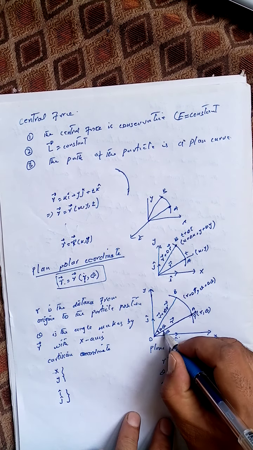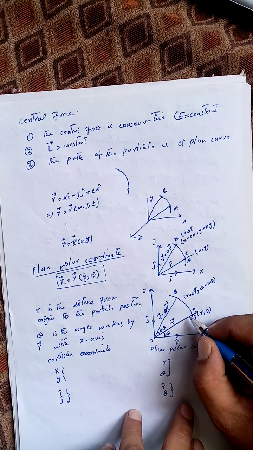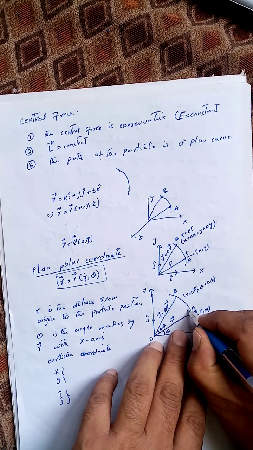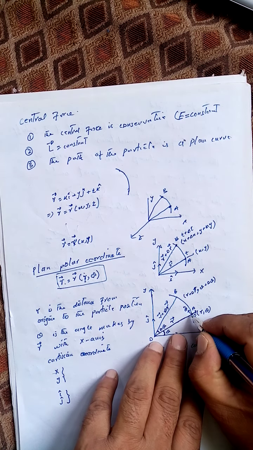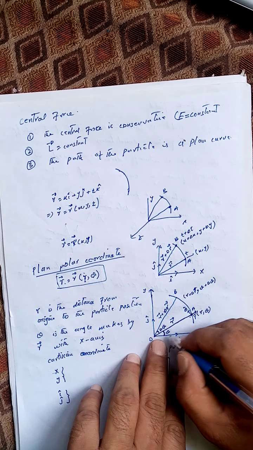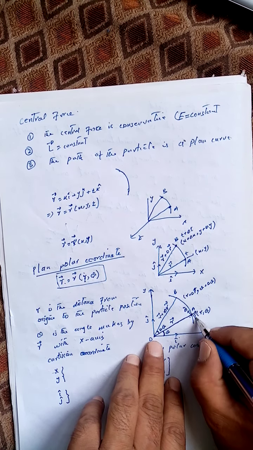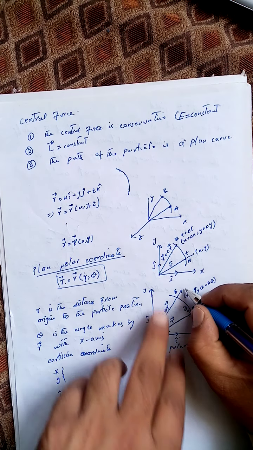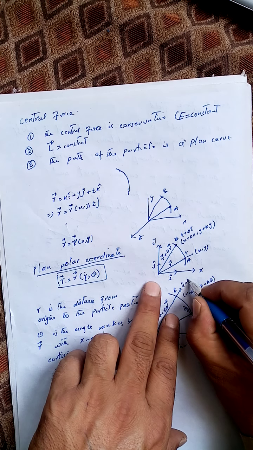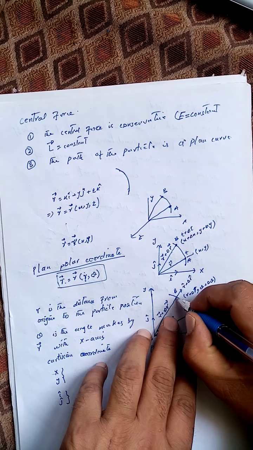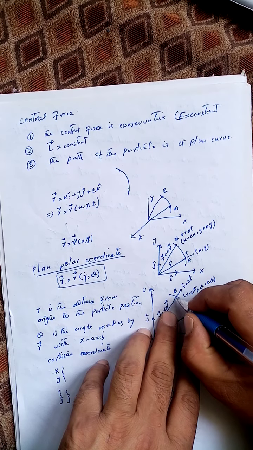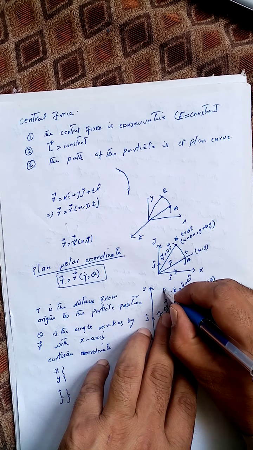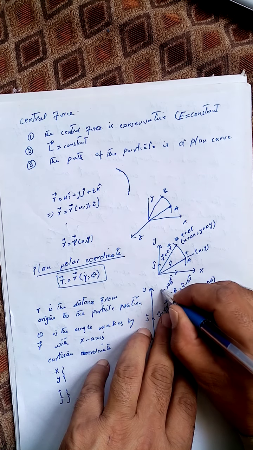So the angle direction is this one, so it means that the theta unit vector is this one. This is the theta unit vector because it represents the direction of this angle, and r represents the direction of this distance. Similarly, here the unit vector is r plus delta r, and the unit vector along the angle is this one, theta plus delta theta.